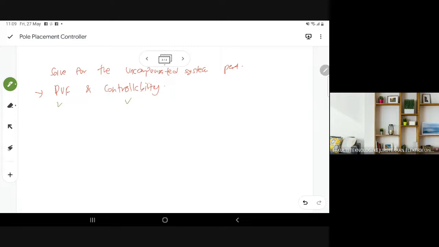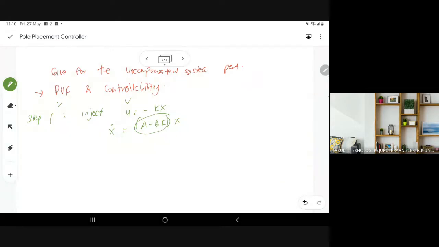Okay, firstly, step number 1, we need to inject or replace u equal to minus Kx, and finally we get the new state space A minus BK times x. Okay, done. Step number 2. Okay, so we need to calculate A minus BK.